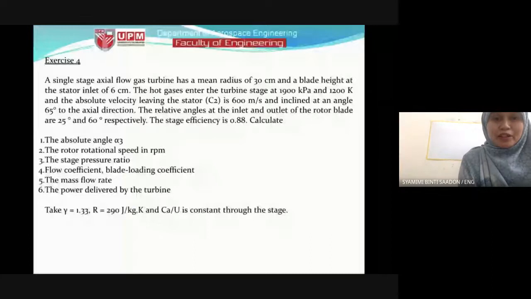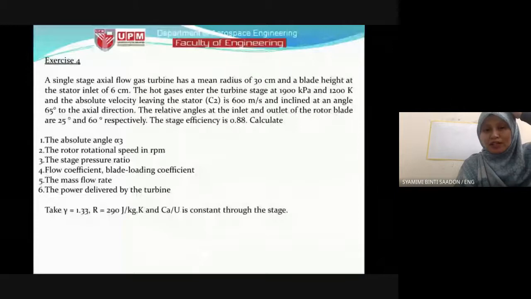The absolute velocity is given here at C2, leaving the stator, inlet of the rotor. Absolute velocity leaving the stator is 600 meter per second and inclined at an angle of 65 degrees to the axial direction. That inclination is alpha 2.